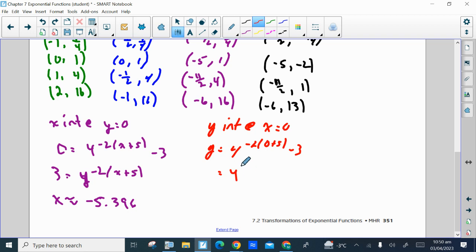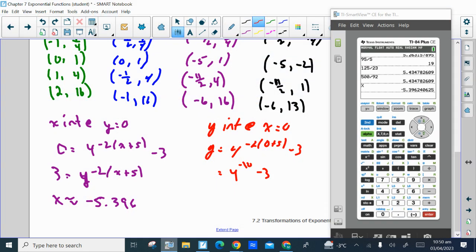So it's going to be at y equals 4 to the power negative 10, take away 3, which we can put in our calculator. You might be tempted to round that to -3, but you can't because the horizontal asymptote is at -3.